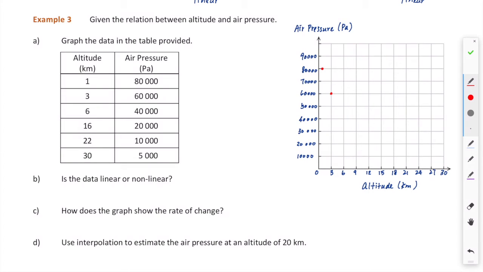And 6 and 40,000. 16, so somewhere here, 20,000. And then 22 is 10,000. And then 30 is 5,000, so halfway here. So clearly this is a nonlinear relation. Let's join the points using a smooth curve.